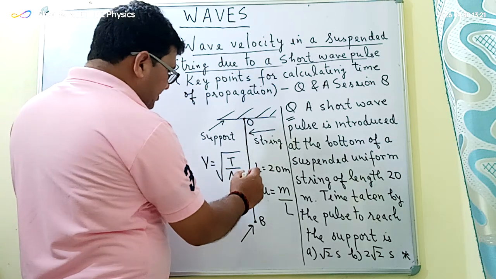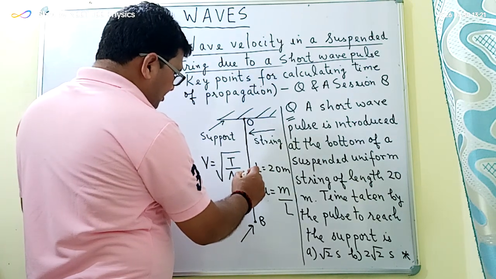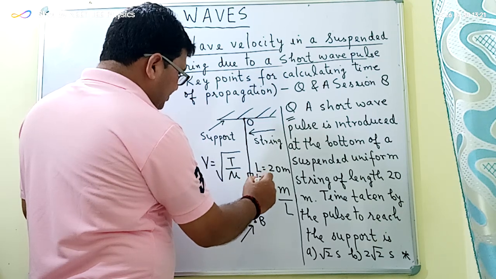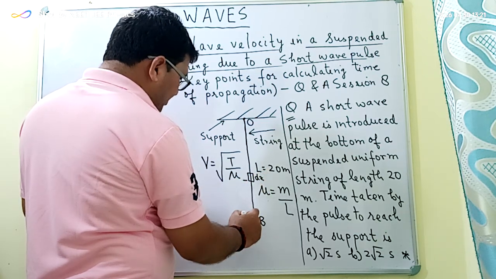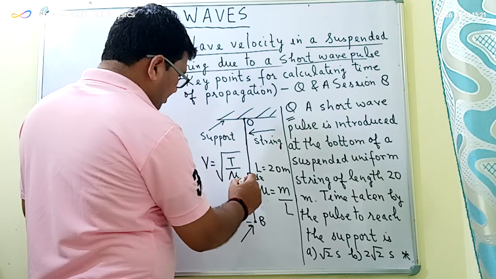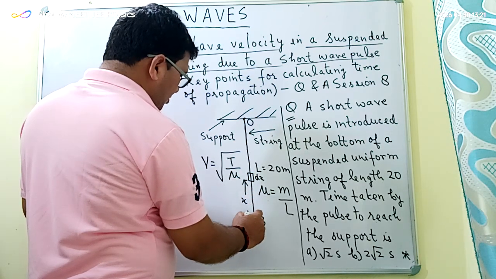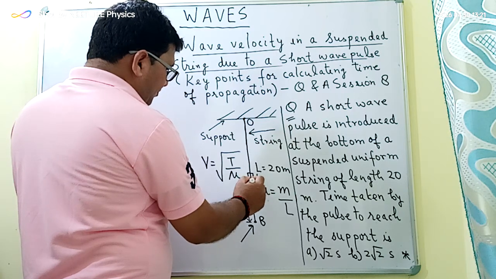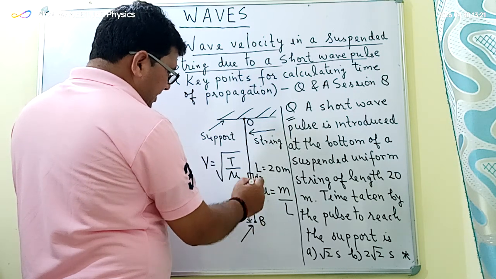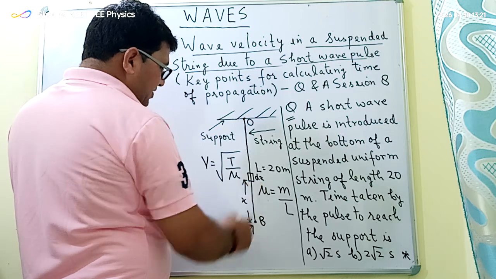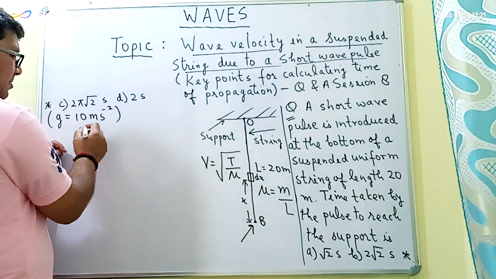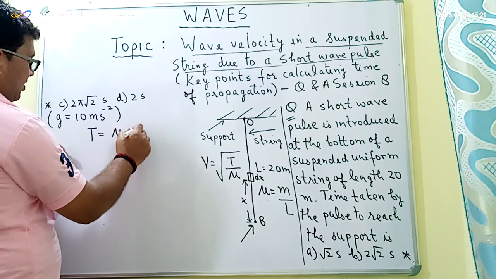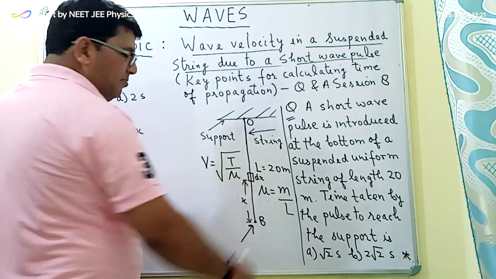Now here I will be considering a very small element. This is the differential element of length dx, which is at a distance of x from the bottom. The tension at any point at a distance x from the bottom of the string will be equal to T equals mu g x, where mu is equal to mass per unit length.